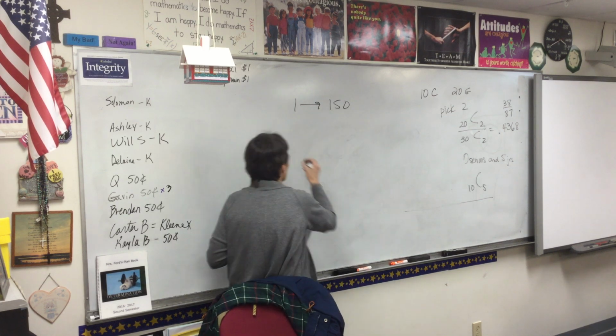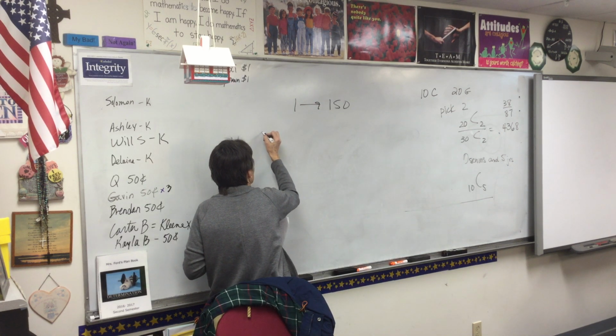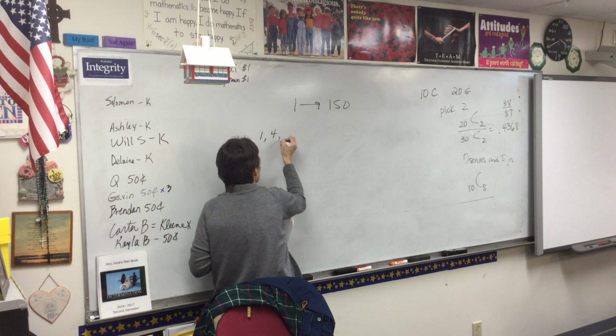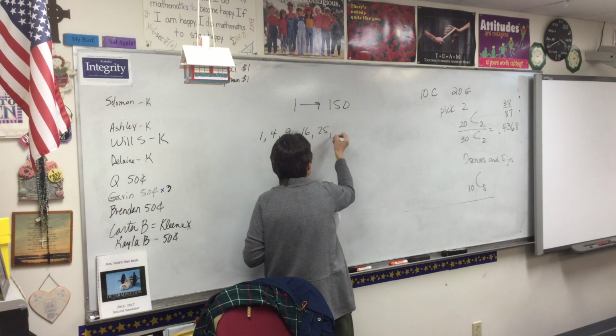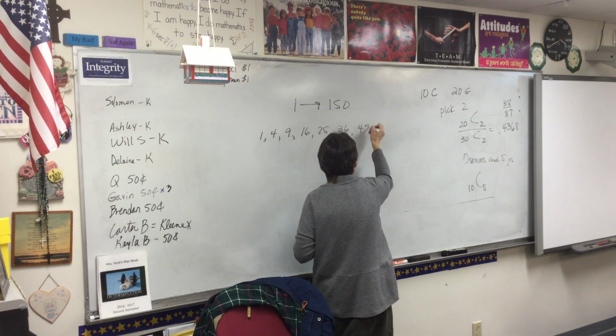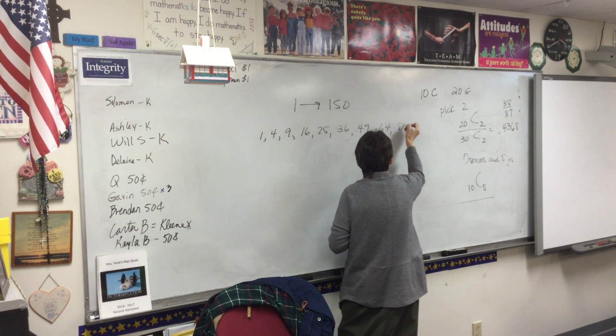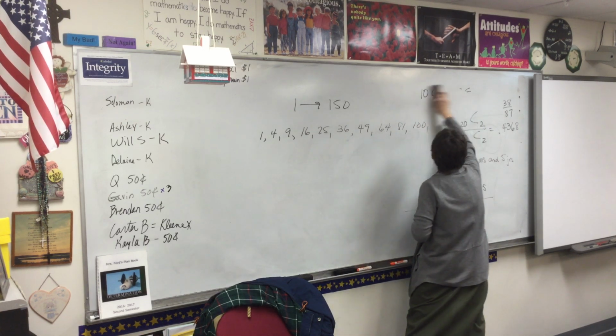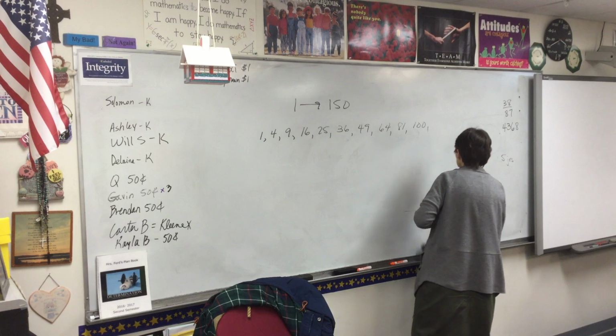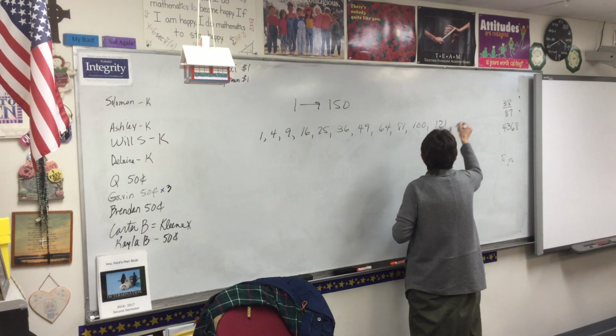What do we mean by a square? 1, 4, 9, 16, 25, 36, 49, 64, 81, 100. What's 11 squared? 121, 144.